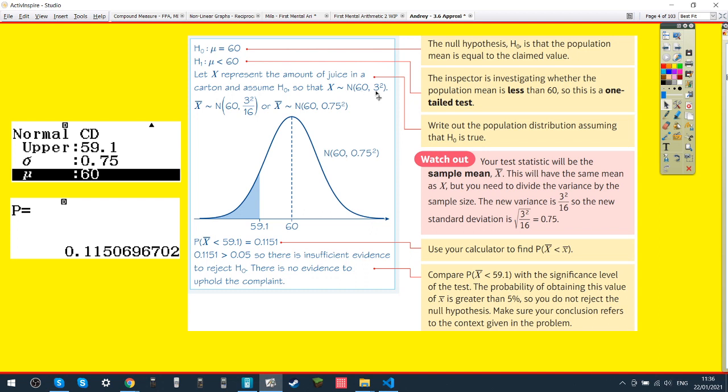So it was 3 squared. X is normally distributed. So sample size was 16. So it's the 0.75. That's 3/4. Where does 0.75 come from?